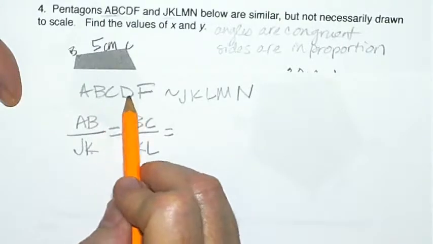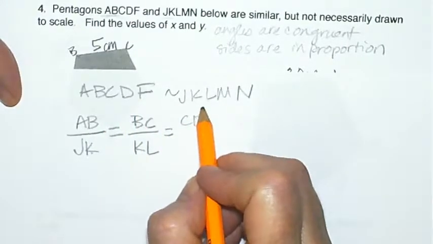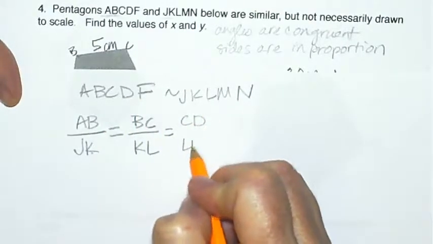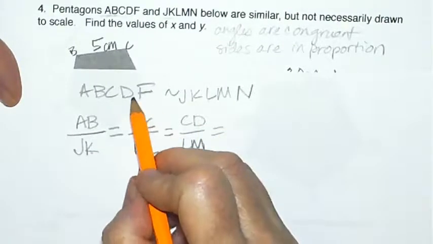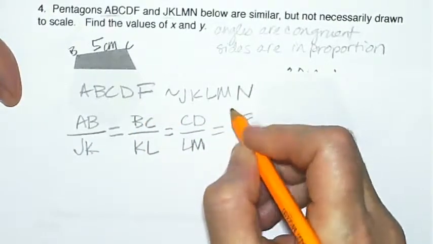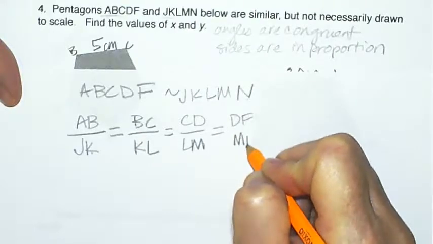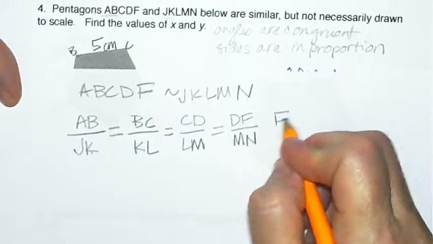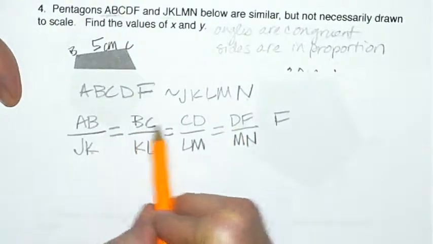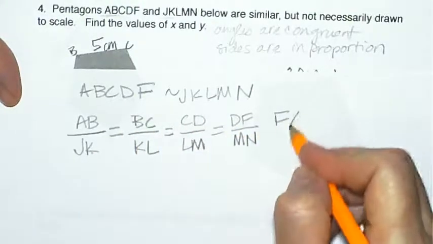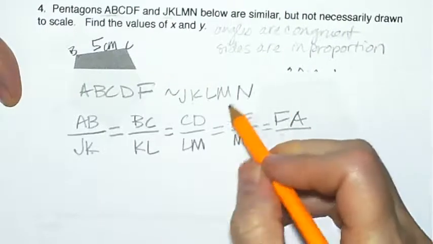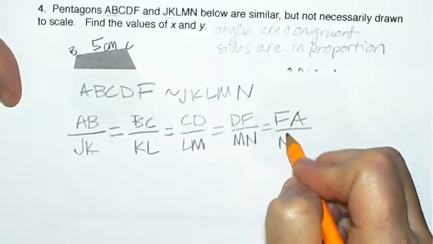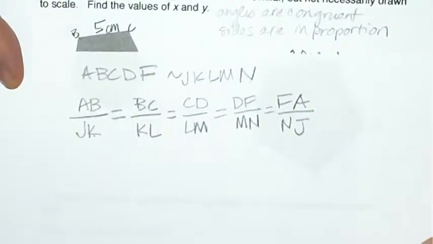Okay, and I'm just going to go down the line. CD, LM, DF, MN, and then FA. We're not done here because it's a pentagon, so 1, 2, 3, 4, 5 sides, FA, and NJ.